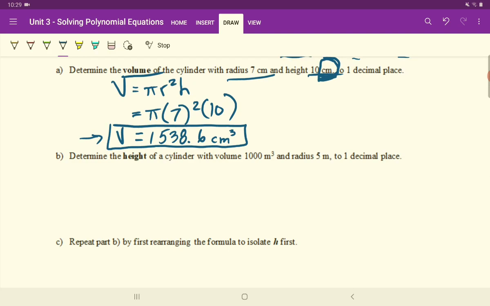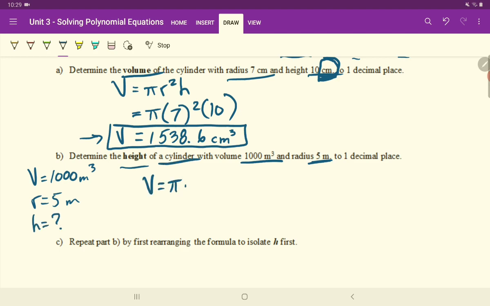Now, this gets at least slightly more challenging for us. We need to find the height for a given volume and a radius of 5. So our volume is 1,000 meters cubed. Our radius is 5 meters. What's our height?